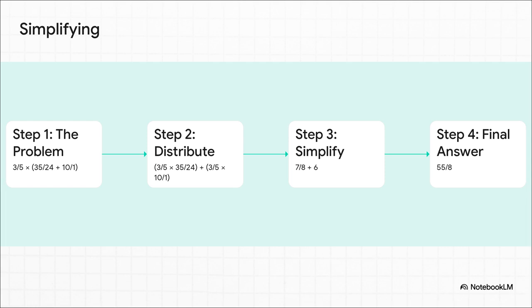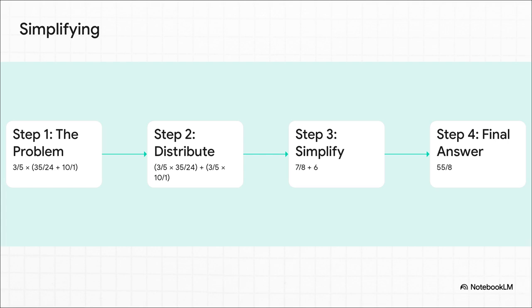Let's see this in action, because this is where it gets good. Look at this problem. I mean, you could find a common denominator for the fractions in the parentheses, but that looks messy. Instead, let's distribute. We multiply the 3/5 by the first fraction, and then we multiply the 3/5 by the second one. All of a sudden, you have two way simpler problems that are super easy to solve and then add together.